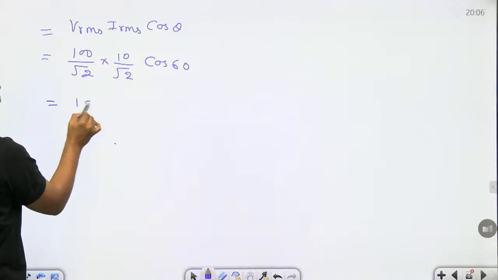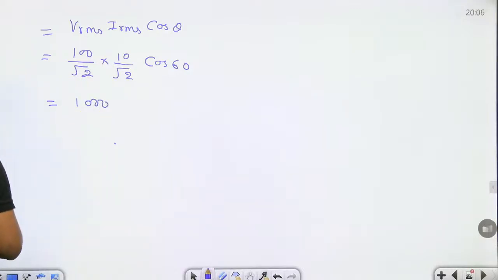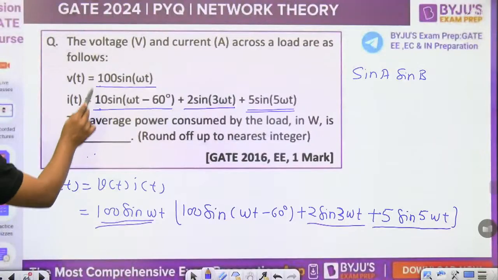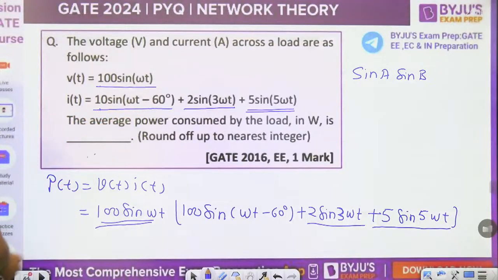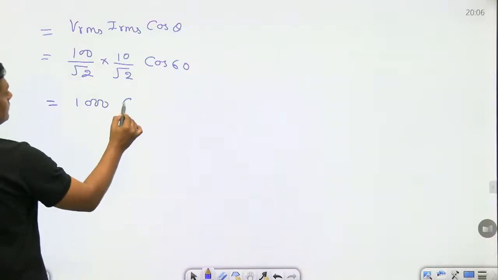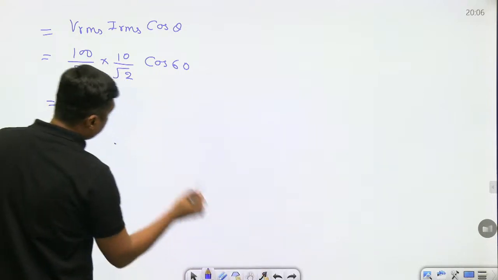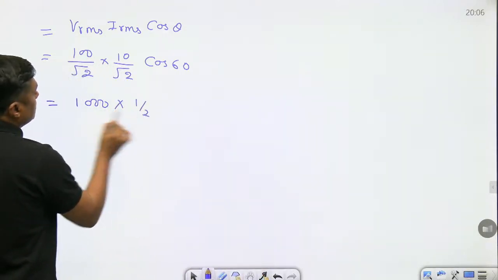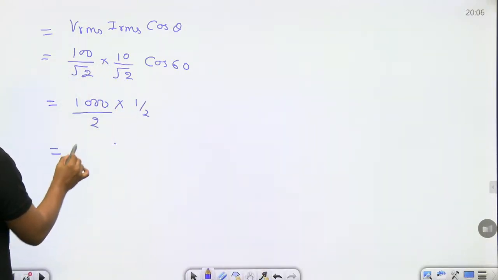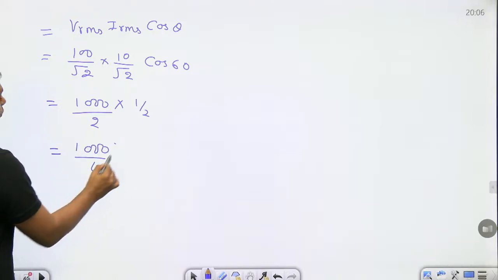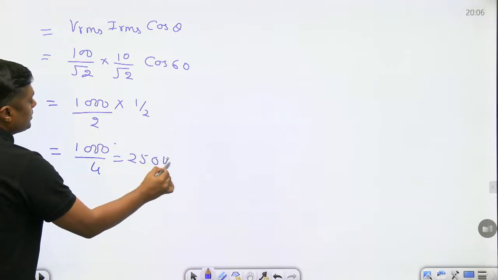That will become 1000. 100 by root 2, 10 by root 2, and this is cos 60, this is the power factor. Cos 60 is nothing but 1 by 2. 1000 divided by 4, that is 250 watt. This is the value of the average power.